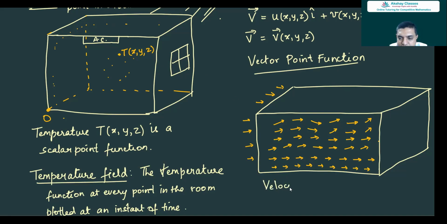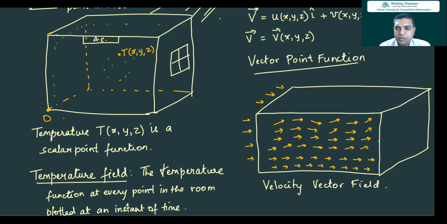Velocity vector field. All right. That means at every point in space, every point in space is associated with a vector describing a physical quantity. For example, here it describes velocity. So this is a vector point function.